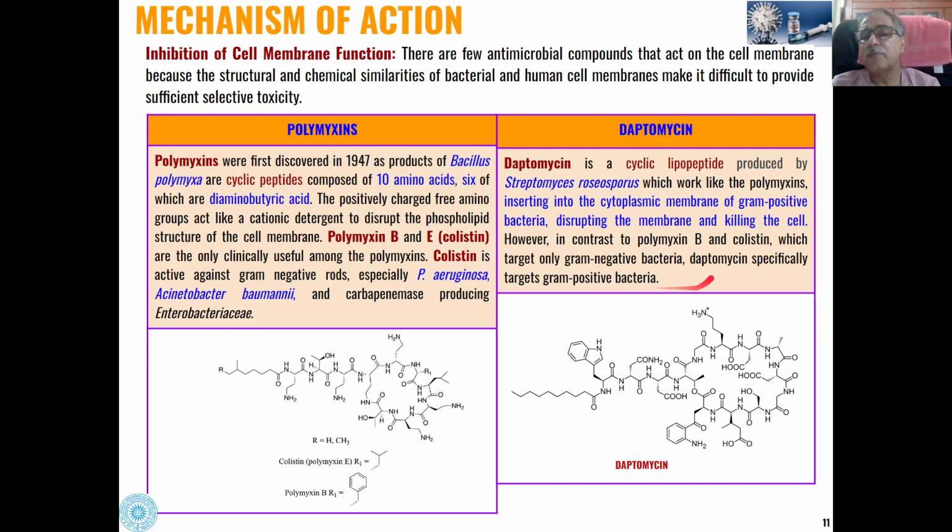However, in contrast to polymyxin B and colistin, which target only gram-negative bacteria, this will target only gram-positive bacteria. So this is how polymyxins can be differentiated from daptomycin. Daptomycin is active against gram-positive bacteria, whereas these are active against gram-negative bacteria.